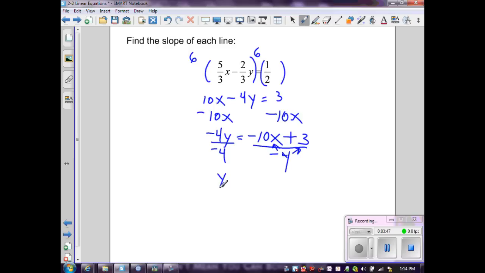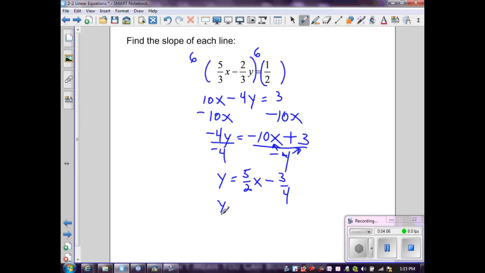That gives me a positive y equals a negative divided by a negative is 10 over 4. Dividing both by 2 gives me 5 over 2x. Positive divided by a negative is a negative 3/4.